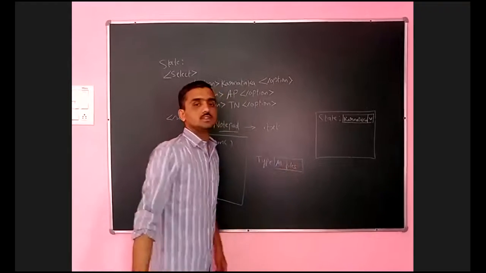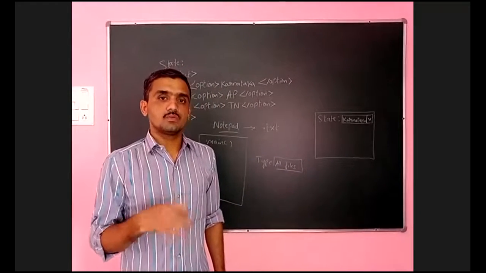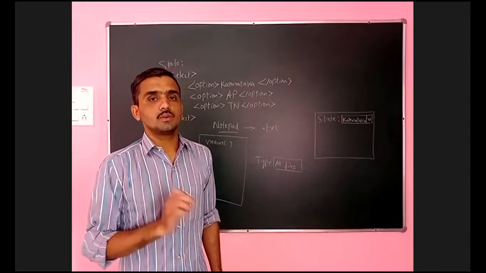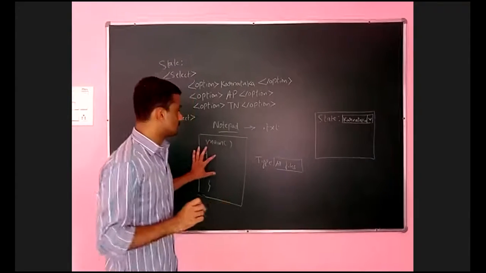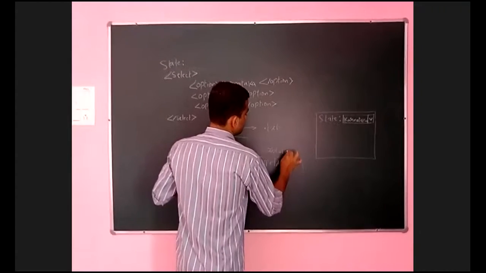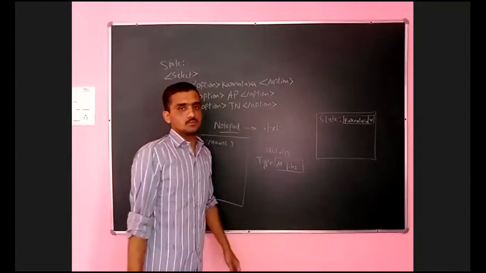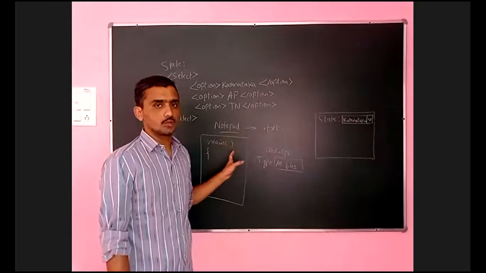That means it should not save as .txt. Whichever file extension you use, it should save by that extension. For C++, generally if I consider the file abc.cpp, type it properly and save. If you don't use this option, it will be saved as .txt and you cannot execute that program.